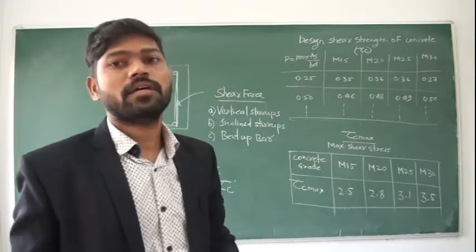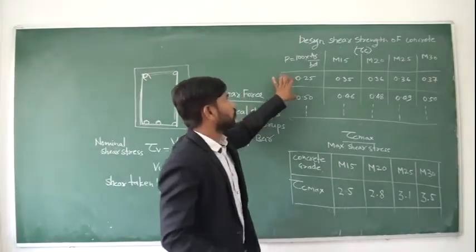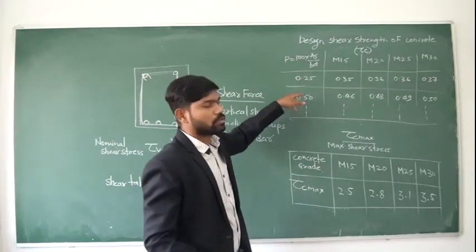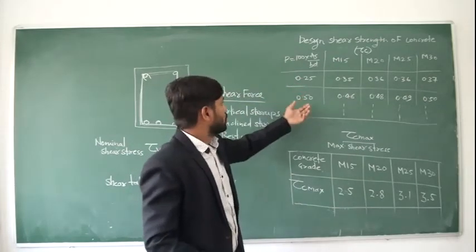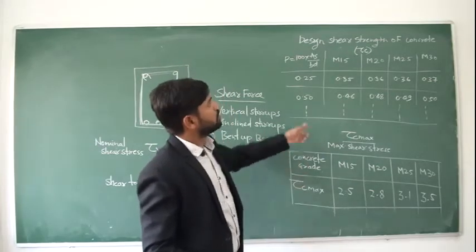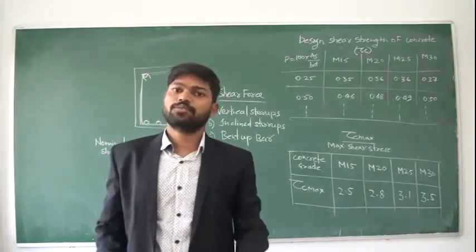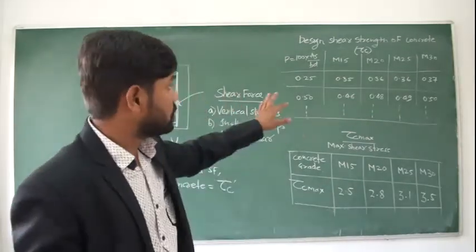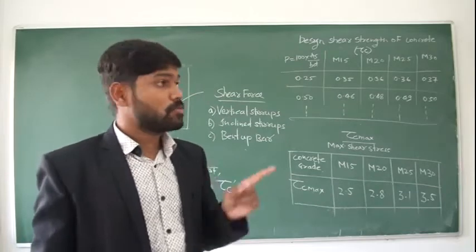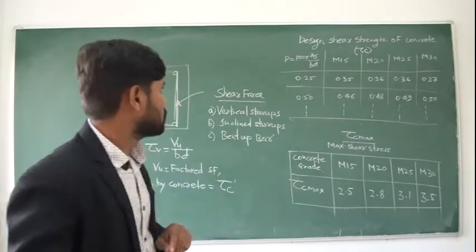This chart is given in Newton per mm square. For example purposes, I have mentioned here only 2 rows. Other percentages of reinforcement and other grades, tau c values are given in IS 456. After this lecture, you can refer to IS 456 and see this chart. So this value is very important. So this is tau c.